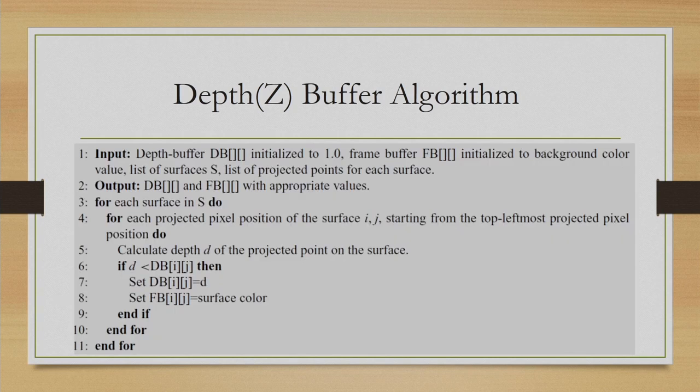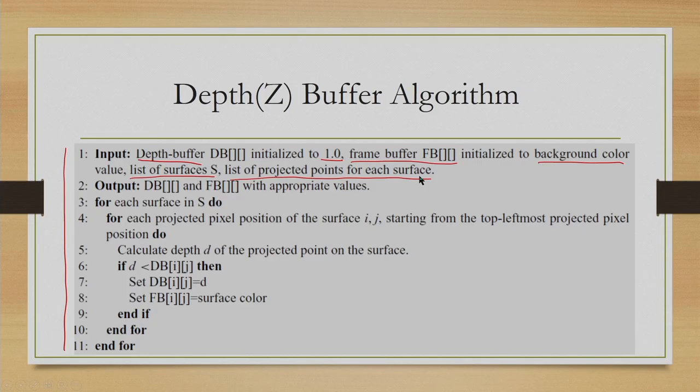Now, this is the depth buffer algorithm shown here. Input is the depth buffer, which is initialized to 1. Then we have the frame buffer, which is initialized to the background color, a list of surfaces and a list of projected points for each surface.